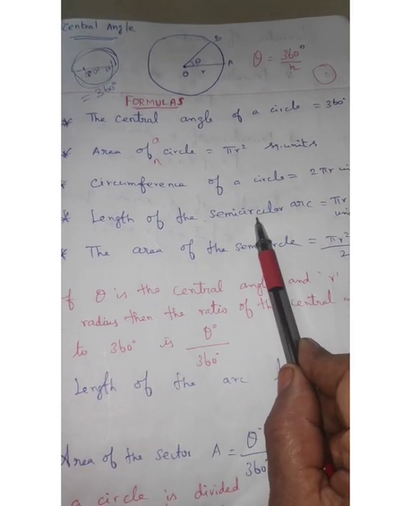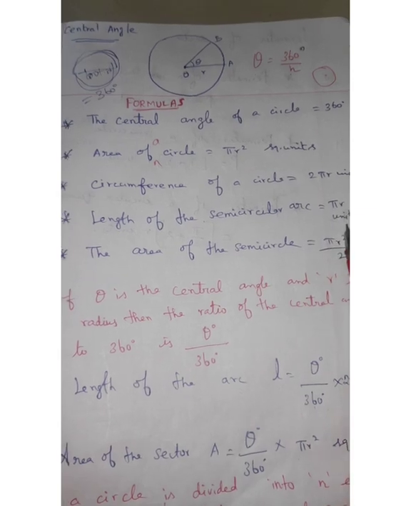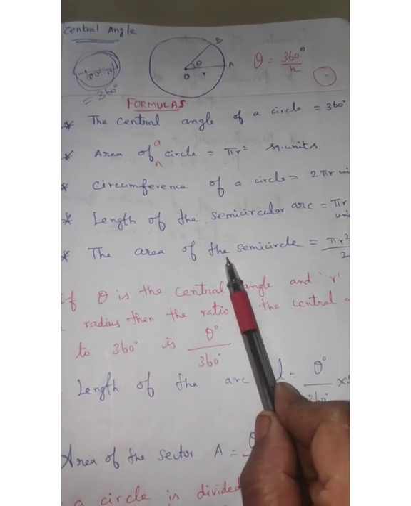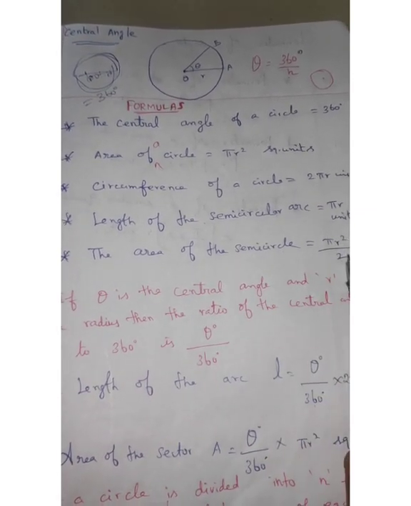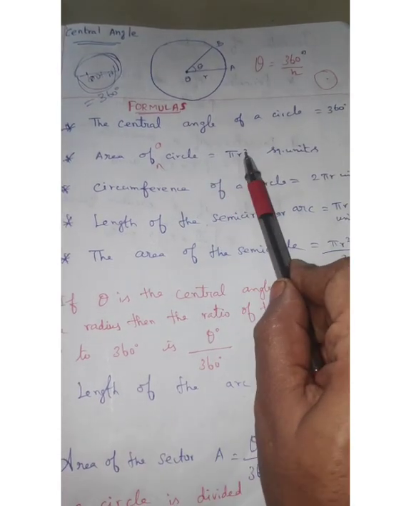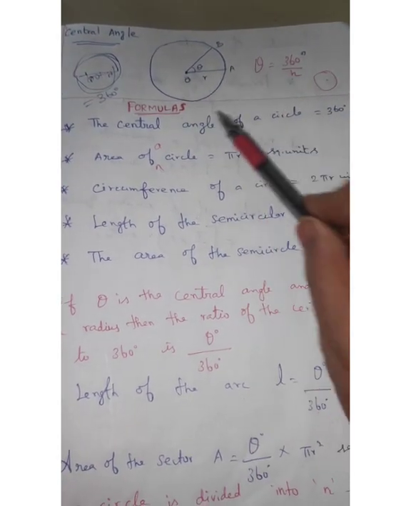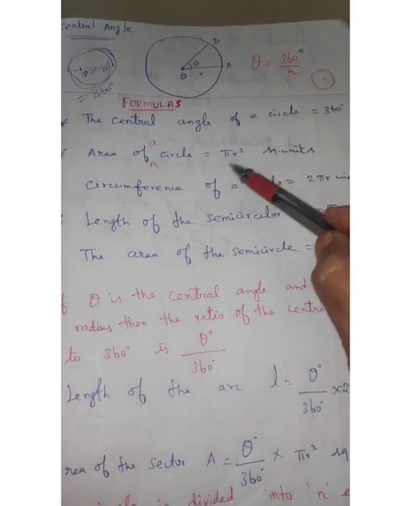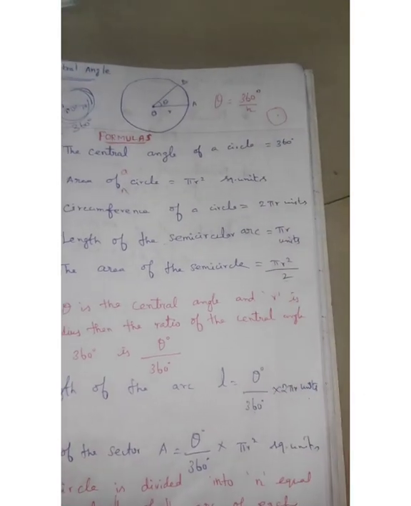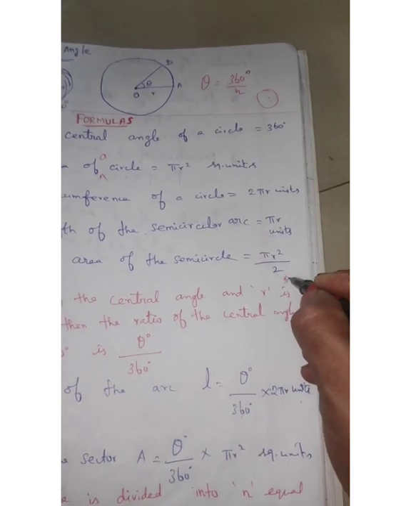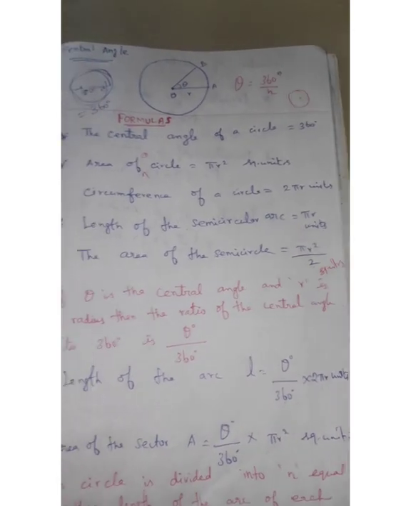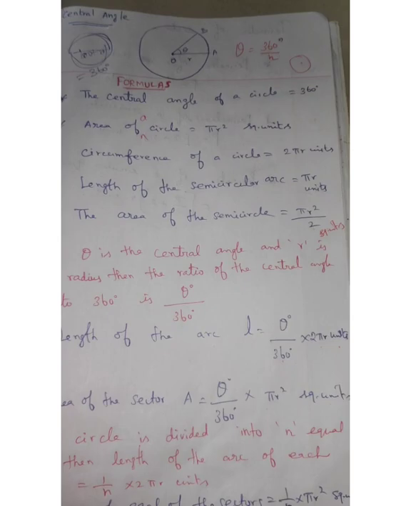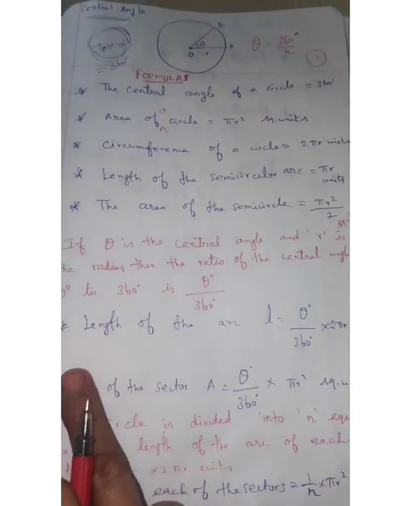Length of the semicircular arc equals pi r units. The area of the semicircle, meaning half the circle, equals pi r squared by 2 square units.